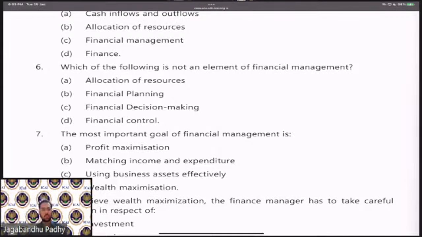Financial management is not about financial control, that is cost control sort of thing. So the elements of financial management are allocation of resources, planning, and then deciding how to allocate the resources. Right? So controlling the finances, that's not a part of financial management. But basically, when you say financial control, it's actually the cost control part.